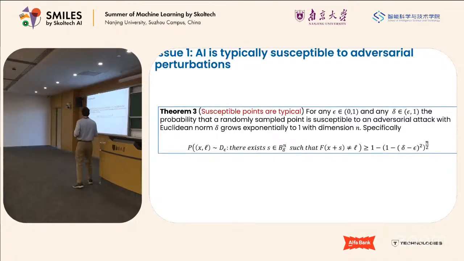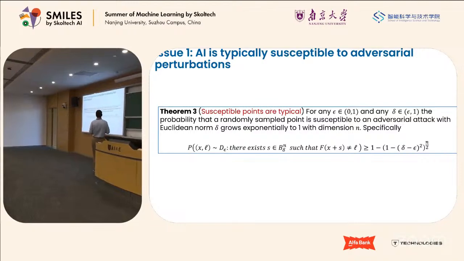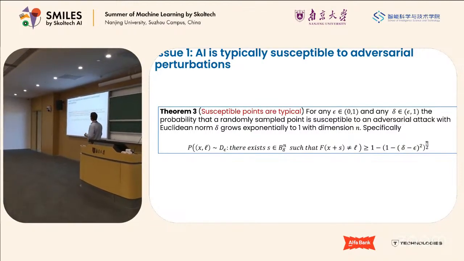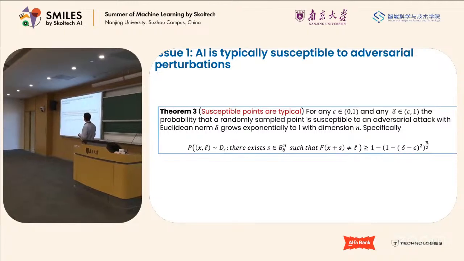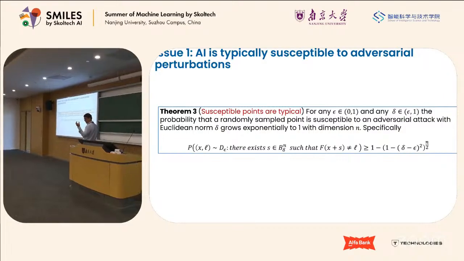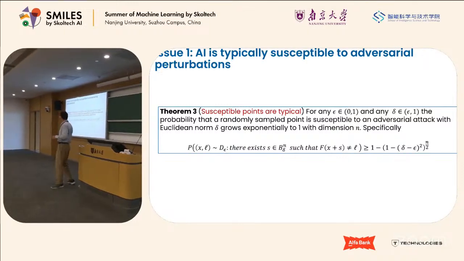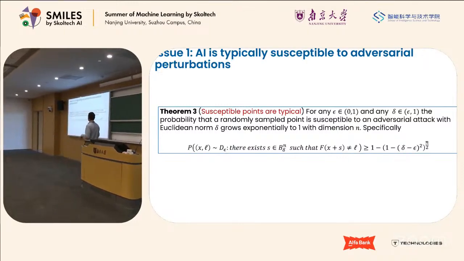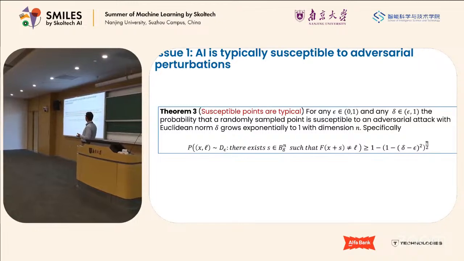Now, unfortunately, for any epsilon again, and any delta, which is your adversarial radius, the radius of the attack, the probability that a randomly sampled point, so you are sampling at random, you are not picking the worst, you are sampling things at random, is susceptible to an adversarial attack with Euclidean norm delta grows exponentially to 1 with dimension.